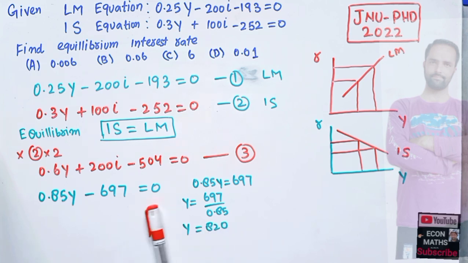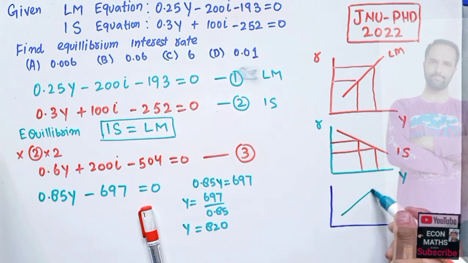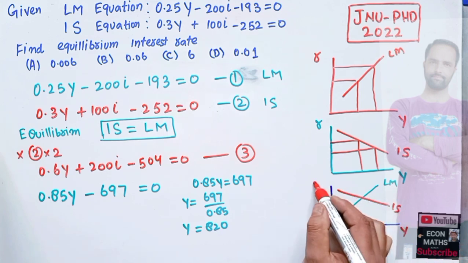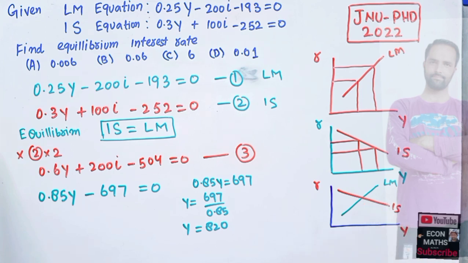So basically by simultaneous equilibrium, what we mean is when both the goods and money markets are in equilibrium. So this is our LM equation, this is our IS equation. We have the level of income and the rate of interest. Simultaneous equilibrium requires that IS should be equal to LM.